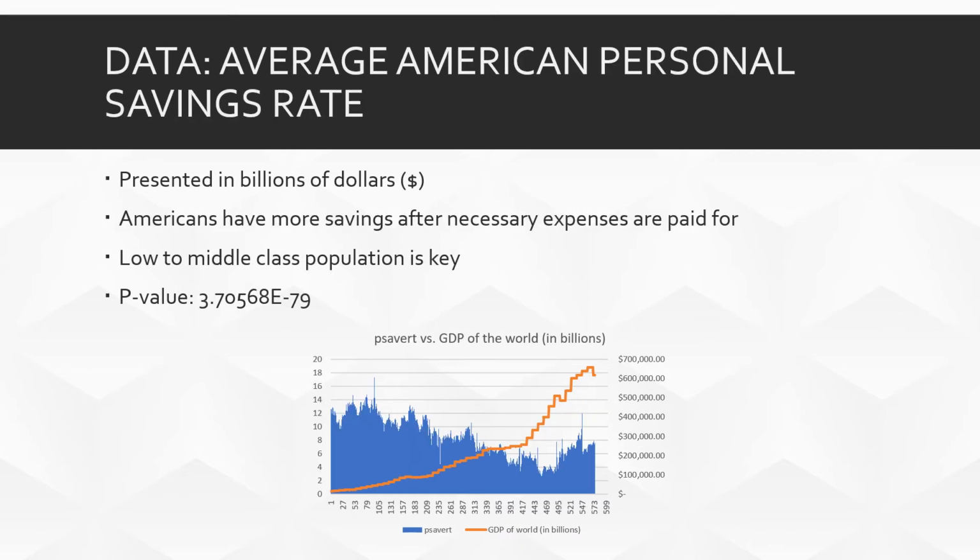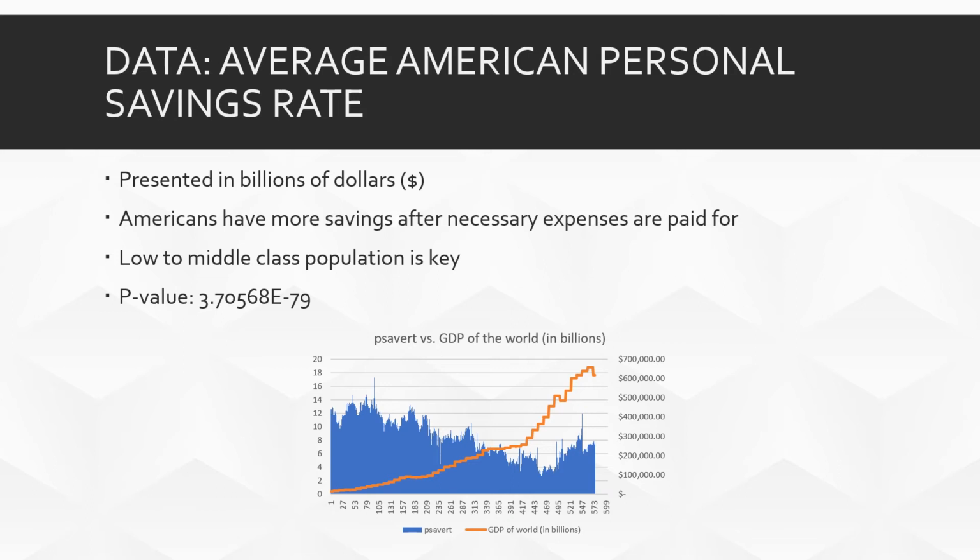The next coefficient in this regression analysis is the average American personal savings rate. It's presented in billions of dollars again, and this shows how much Americans have in savings after necessary expenses are paid for. So this indicator focuses more on the low to middle class population, as they will have an excess amount to spend after they've paid off all of their necessary expenses.